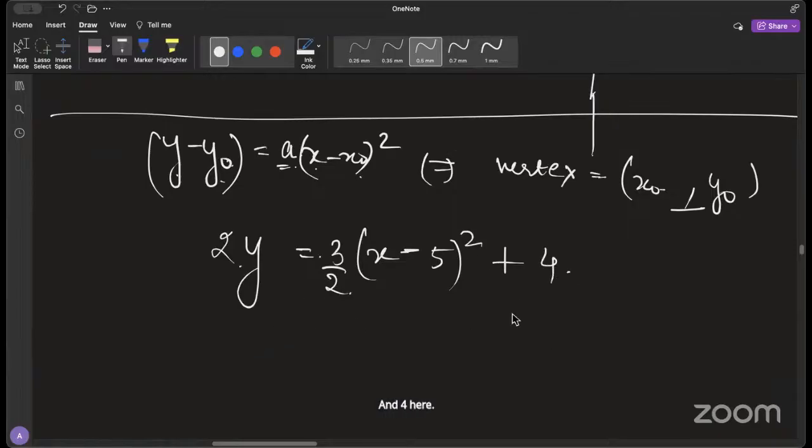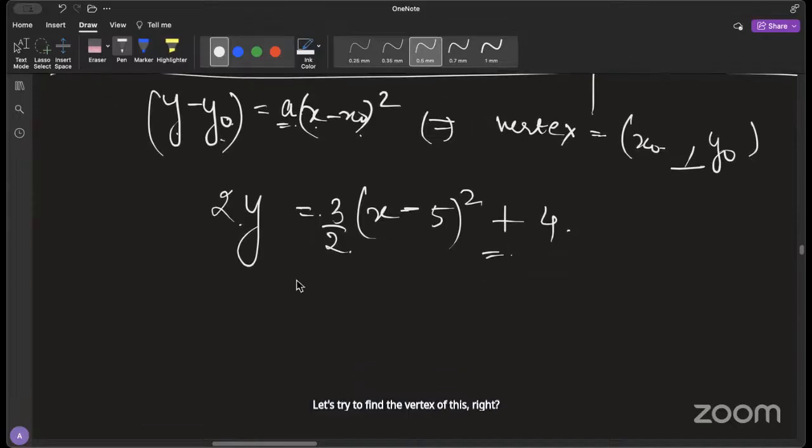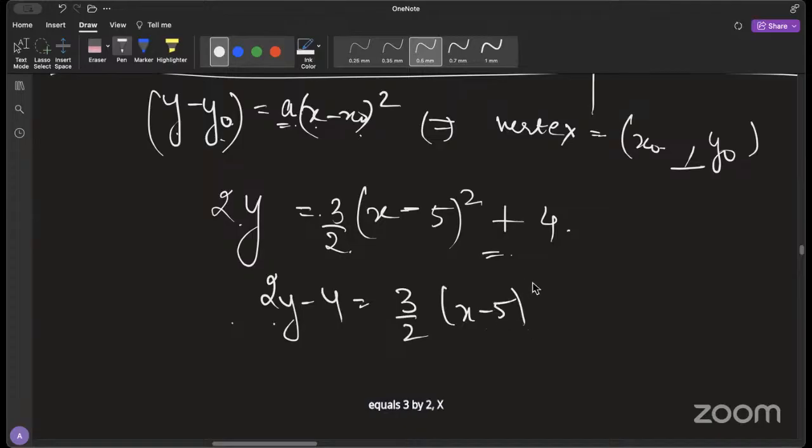Let's try to find the vertex of this. First, you take this thing on this side. So you'll have 2y minus 4 equals 3 by 2 (x minus 5) squared.